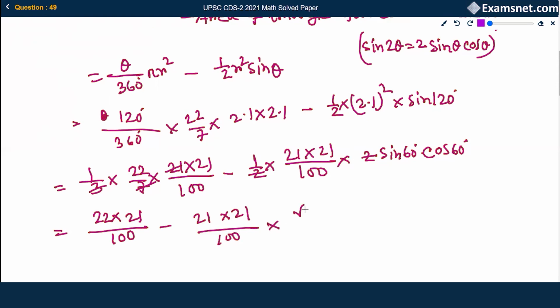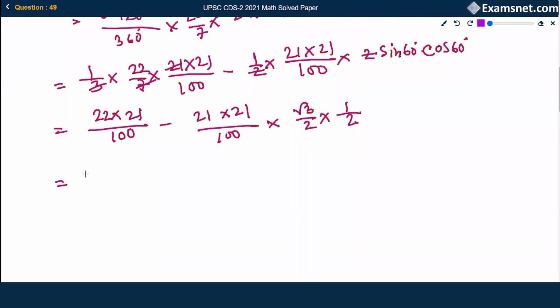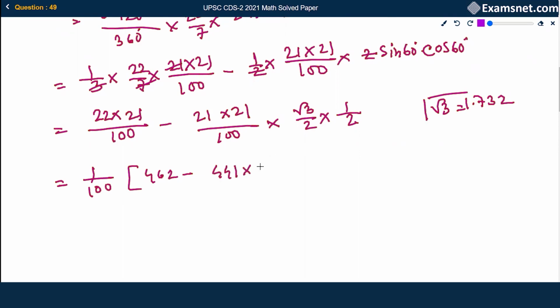Sine 60 degree will give us √3 by 2, cos 60 degree will give us half. So after taking 100 common, it becomes 462 minus 441 multiplied by √3, whose value is 1.732, multiplied by 1 by 4.